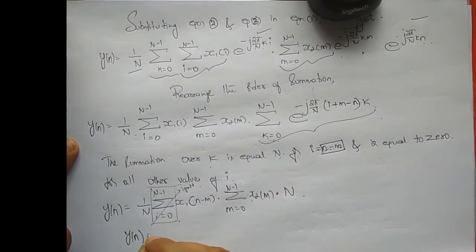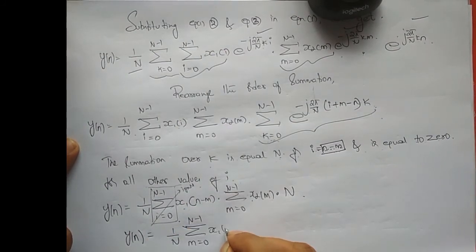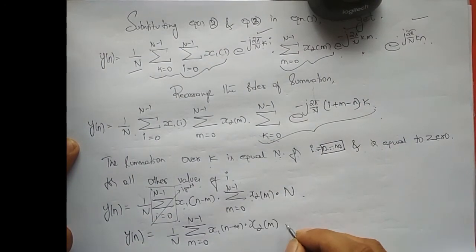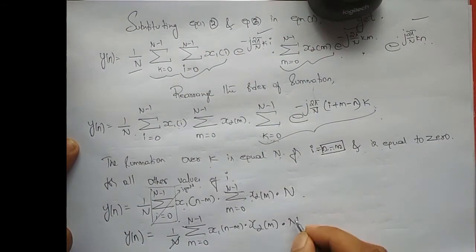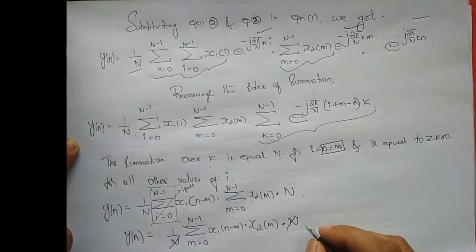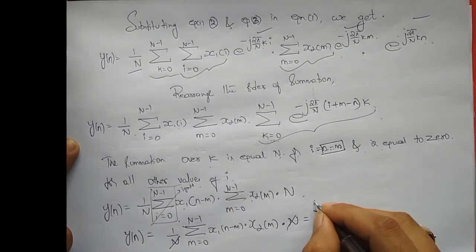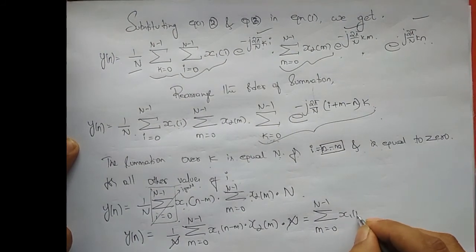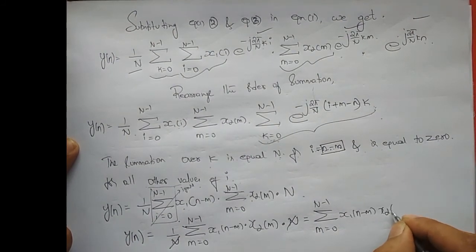So what do I get? y of n is equal to 1 by N into, I'll rearrange it, summation m varying from 0 to N minus 1 of x1 of (n minus m) into, the left out term, x2 of m, into N. These two N cancel out, and this is equal to summation m varying from 0 to N minus 1 of x1 of (n minus m) into x2 of m.